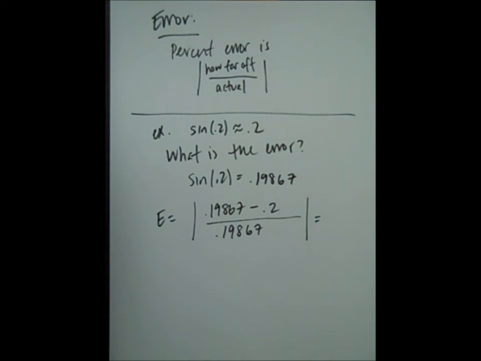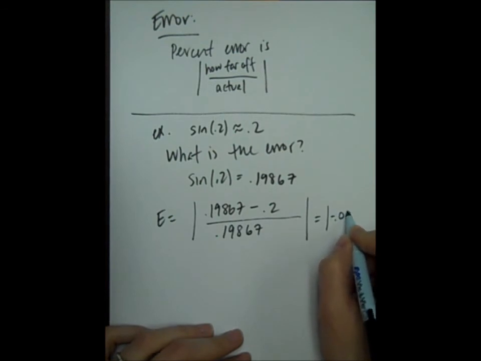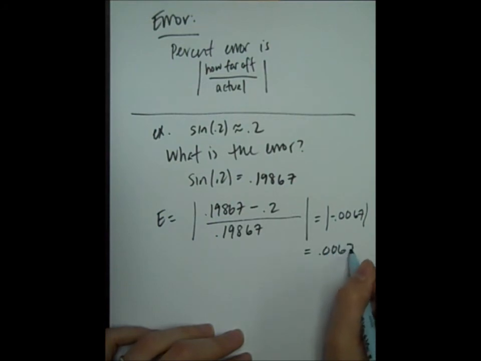This gives me the absolute value of negative 0.0067, which is 0.0067, but we always write this as a percent.